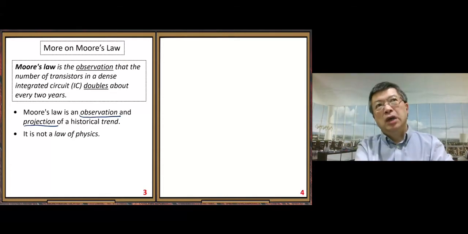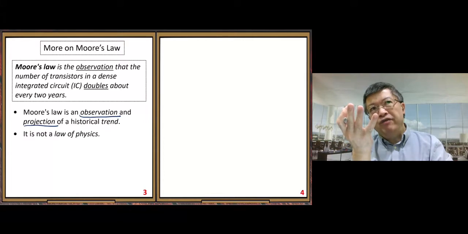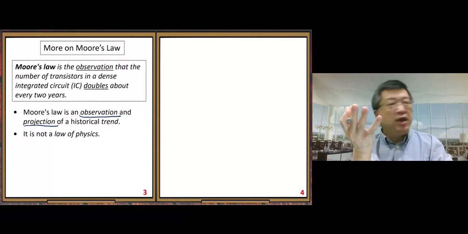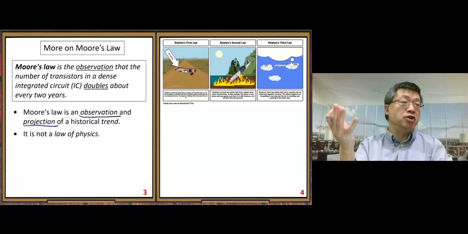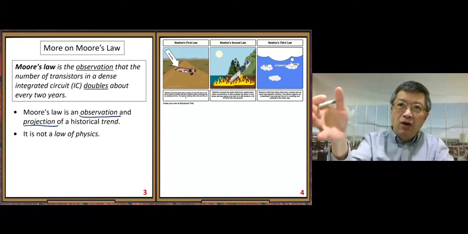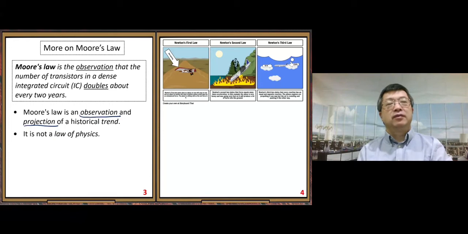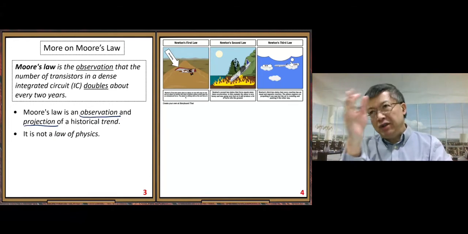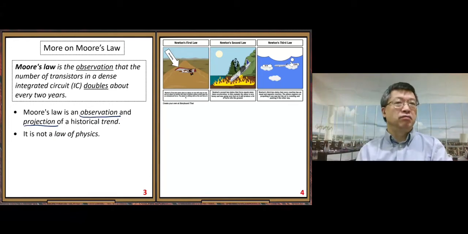If we look at the laws of physics, the easy examples are Newton's laws: Newton's first law, second law, third law. Those are scientific laws, not prediction, not observation.